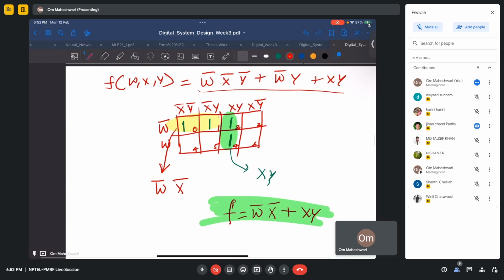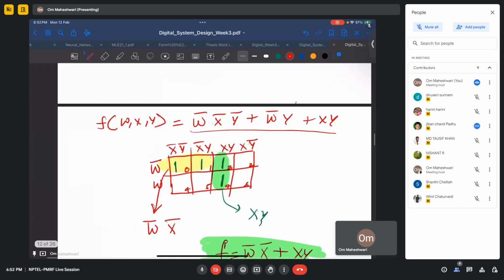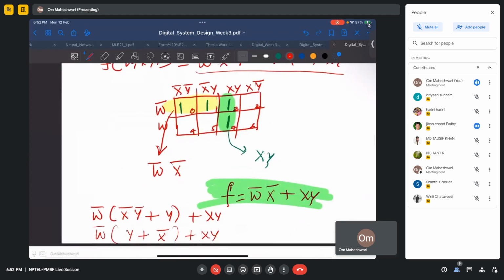After this, I take one more step, taking w bar common. So you are writing w bar common. So it will be w bar times x bar y bar plus y, plus xy. Right? Okay, it's fine, it doesn't matter.